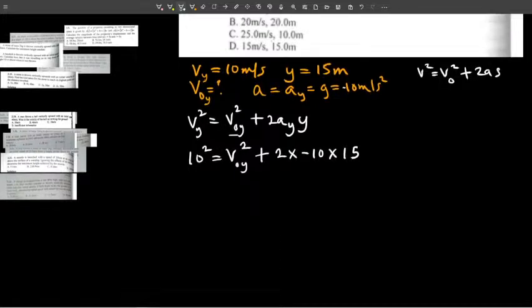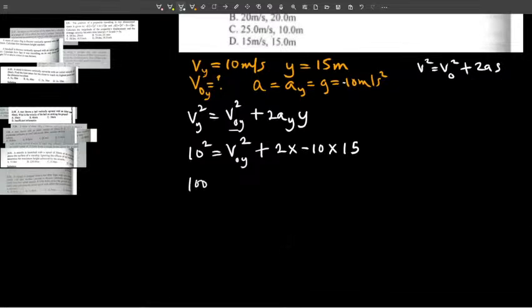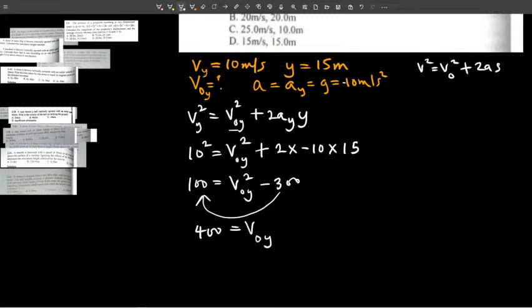All right, so this will give me 100 equals v_0y squared, plus, let's do the maths, 10 times that will give me 150, times 2 should give me minus 300, if I'm not mistaken. So bring this over here. It's going to become 100 plus 300, that is 400, equals v_0y squared.